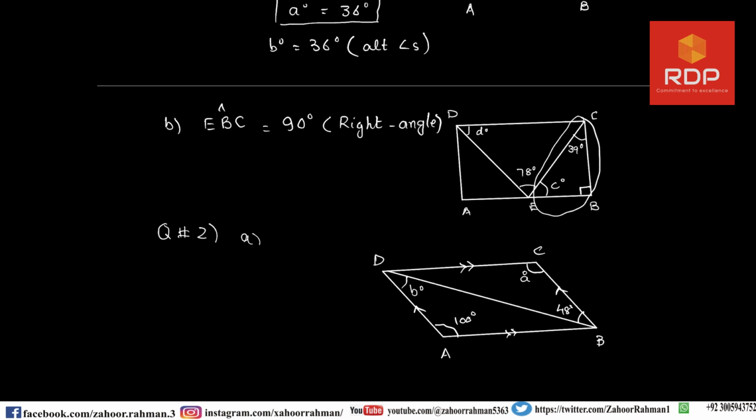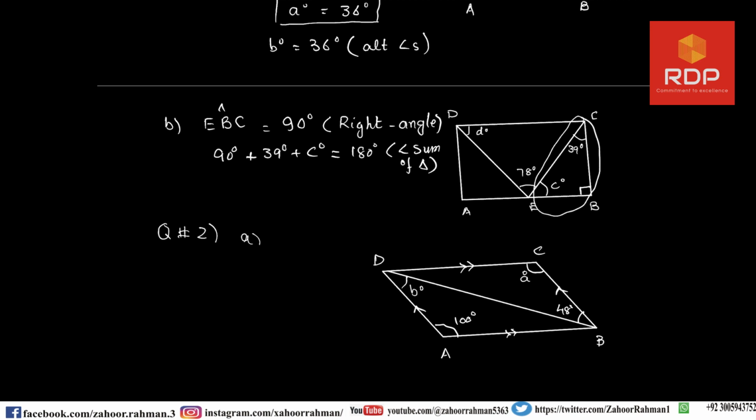Now we can find that 90 degree plus 39 degree plus C degree is equal to 180 degree, and that is the angle sum of a triangle we learned in the previous theorem.